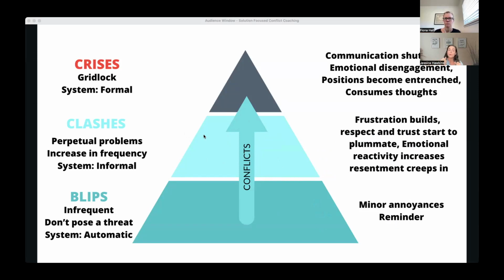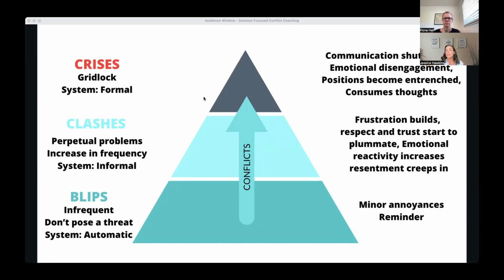People start getting more emotionally reactive because they're frustrated or they're fed up. And then resentment starts to creep in. Usually this is when it starts being brought to people's attention, especially in the workplace. But unfortunately, it's not usually until it crosses over this threshold into crisis mode when it actually gets addressed.